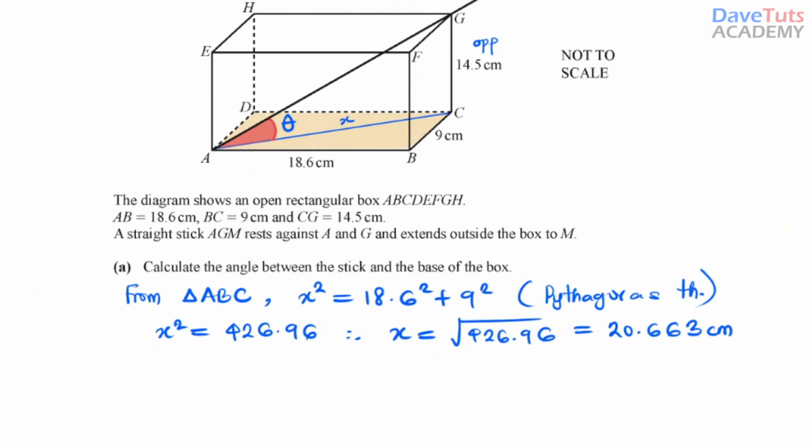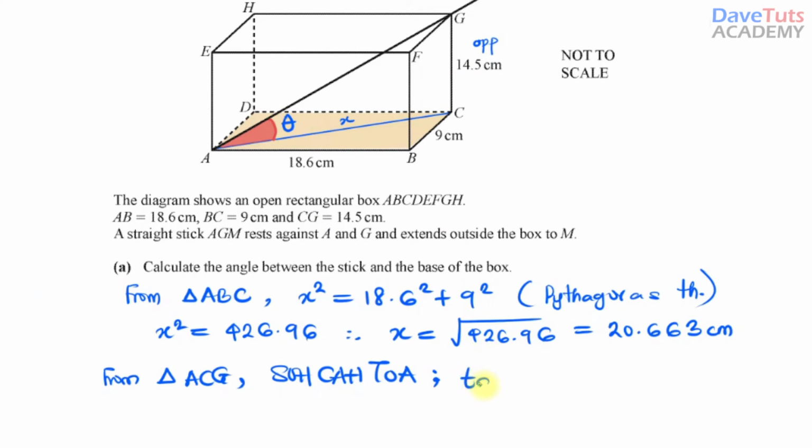But then we can say that from the triangle ACG, SOHCAHTOA can help us to actually get this. We have theta, we know the opposite, and we have the adjacent as x.